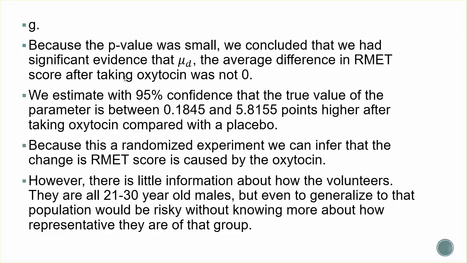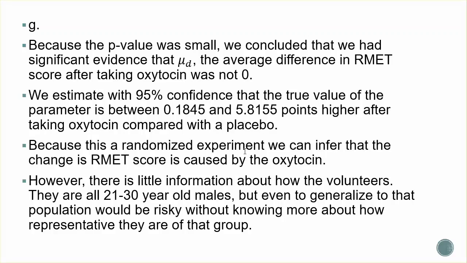If it wasn't 0, what was it? Well, we estimate with 95% confidence that the true value of the parameter is between 0.18 and 5.8 points higher after taking oxytocin compared to placebo. The true value of the parameter is the average difference in RMET score, so we could have said that there as well.